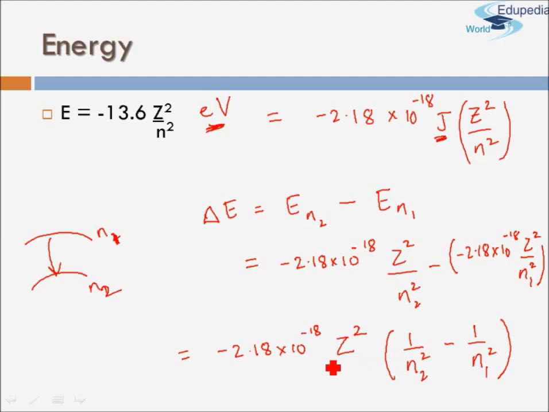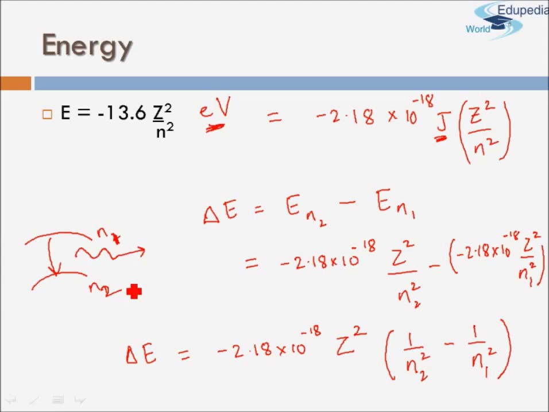So our answer is: delta E, the change in energy, is minus 2.18 into 10 to the power minus 18 Z square into 1 by n2 square minus 1 by n1 square. This delta E represents the energy of the photon which is going to be emitted.